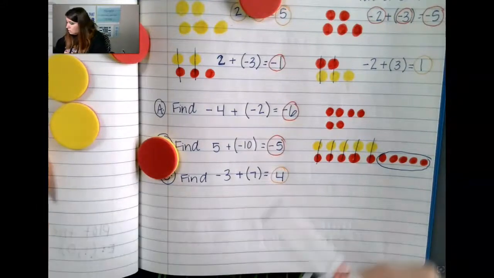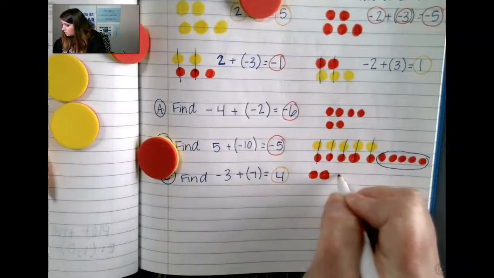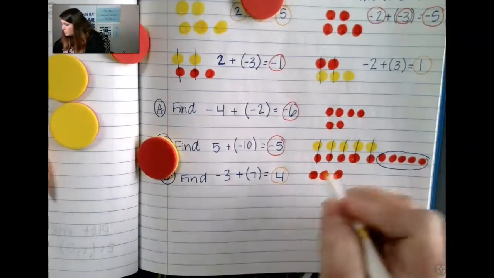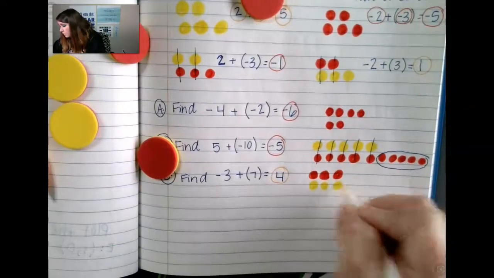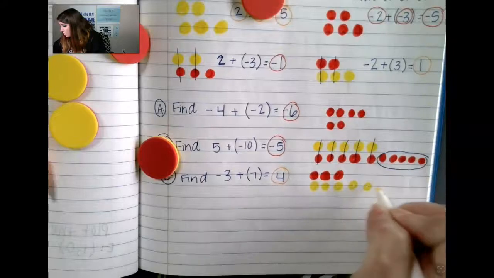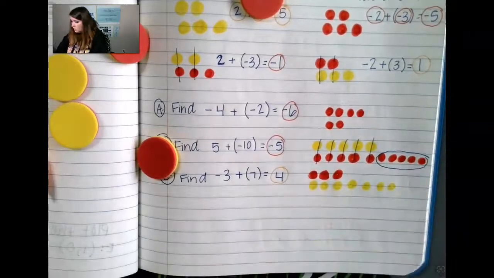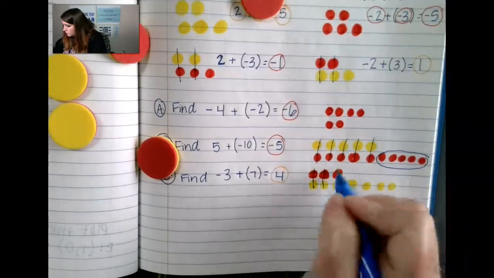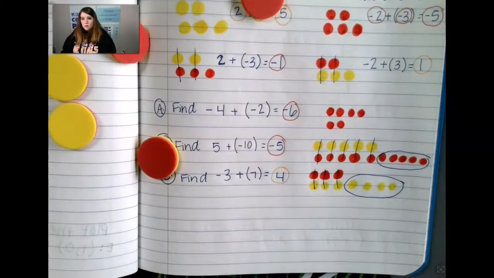So we have -3, and we add on 7. Sorry that my dog is barking. Okay, and then we end with a positive 4. 0, 0, 0. We get a positive 4.